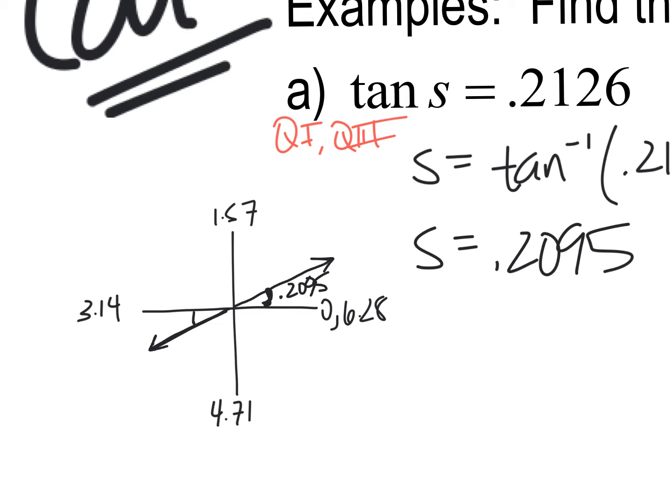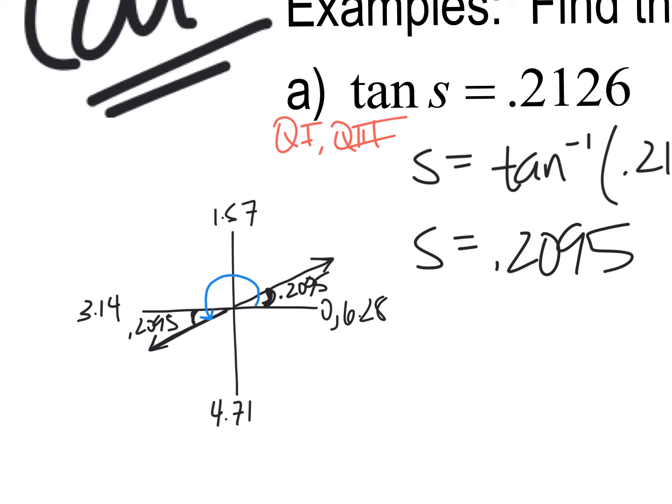This reference angle has to be the same as this one, so this is still 0.2095, but to write my answer between 0 and 2 pi, I need to know how many radians it is from here to here. It's just like what we did for degrees. In degrees, we took the 180, which was right here, and added this reference angle. In this case, we're using radians, so we're taking 3.14 and adding this reference angle. That's going to give us the entire half circle plus a little bit more.